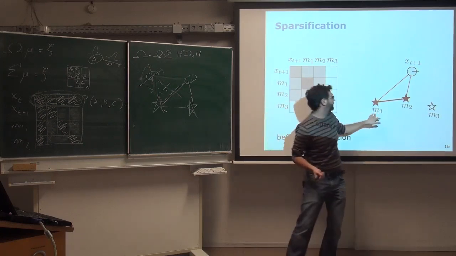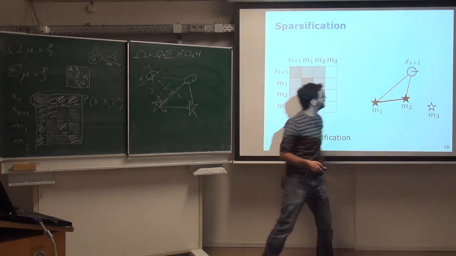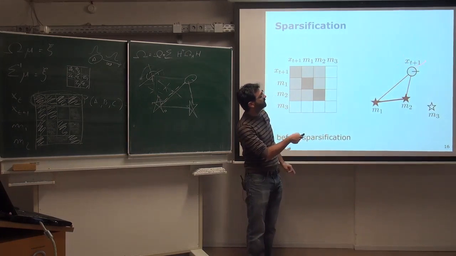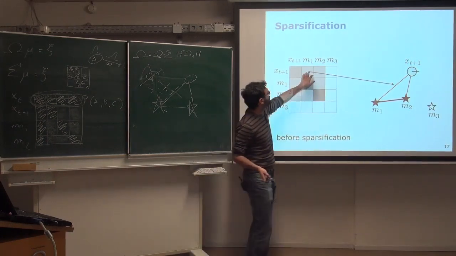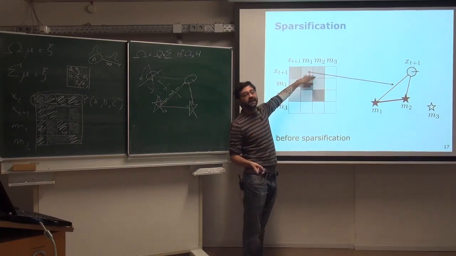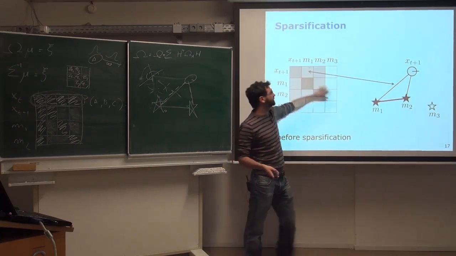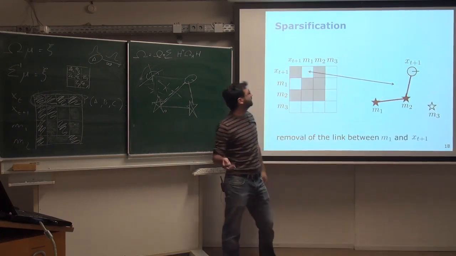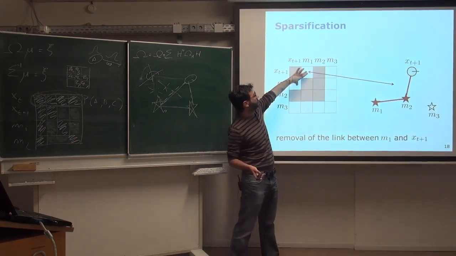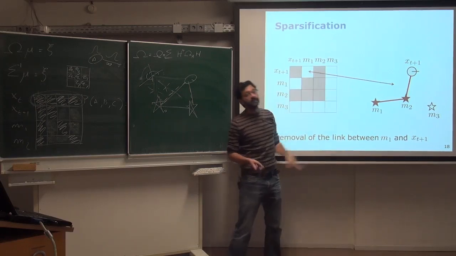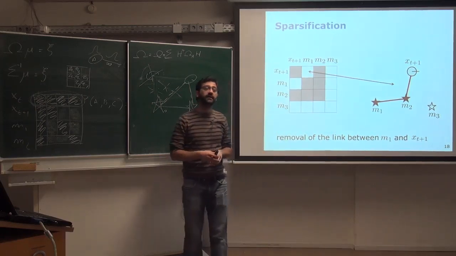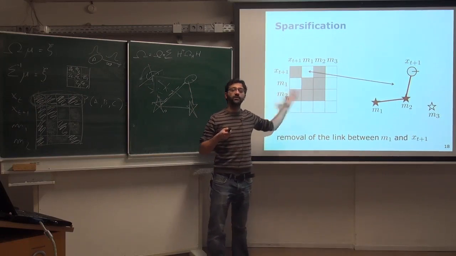In this case, we've seen it's the one between M1 and M2, and then we have also a strong link between T plus 1 and M2. So what we do is we just decide, okay, that's the lowest element. We want to get rid of this relation here, and we just try to propagate this information through the other links in a way that preserves the information in the best way possible, okay?